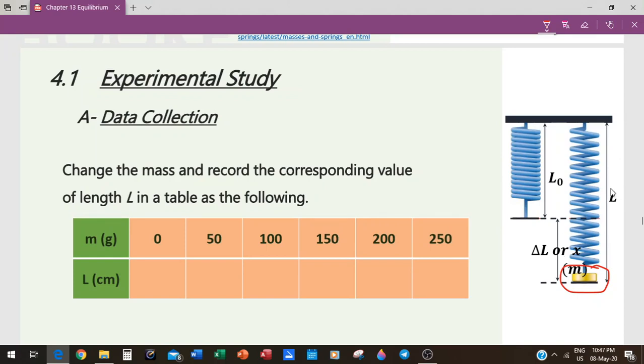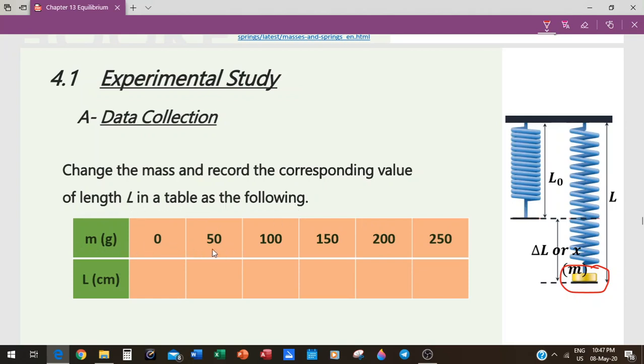Okay. And here we have the length L. As you can see here, this is L0. The initial length is shorter than L, which is the length when the mass M is connected to the spring. Change the mass and record the corresponding value of the length L in the table as the following.